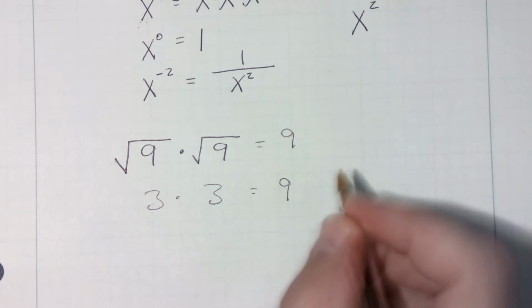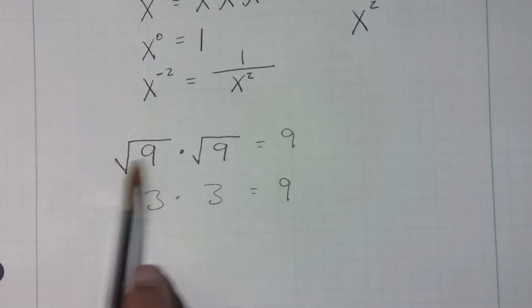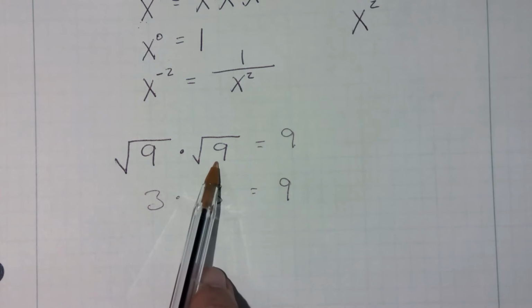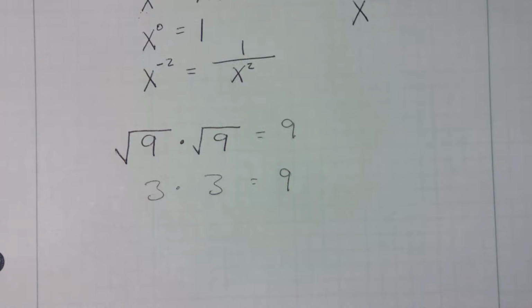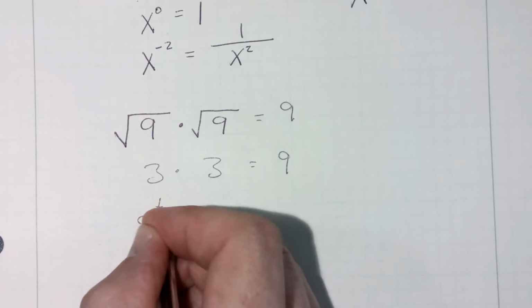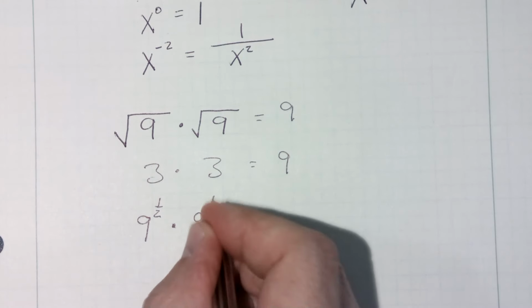What I'm emphasizing here is that when I multiply two square roots together, I have eliminated the square roots. The two square roots cancel, leaving just the number that's underneath. Now let's do that same thing this way. Let's go 9 to the 1/2 power times 9 to the 1/2 power.